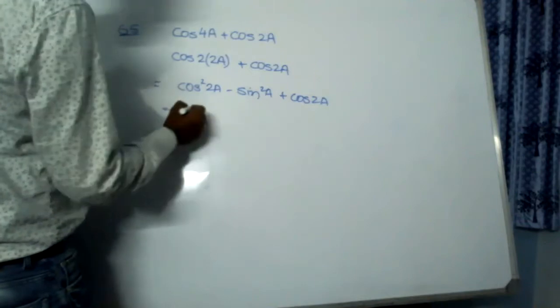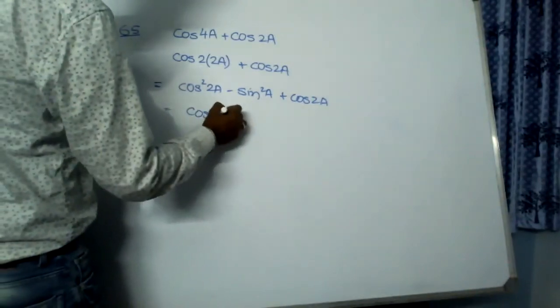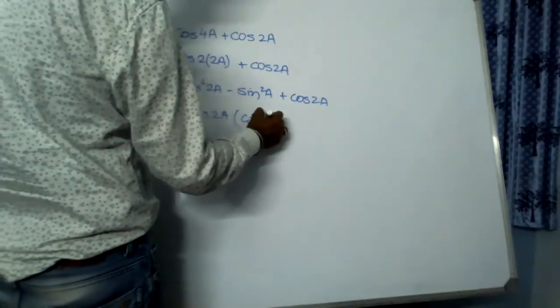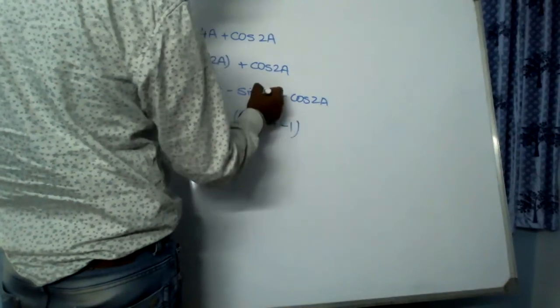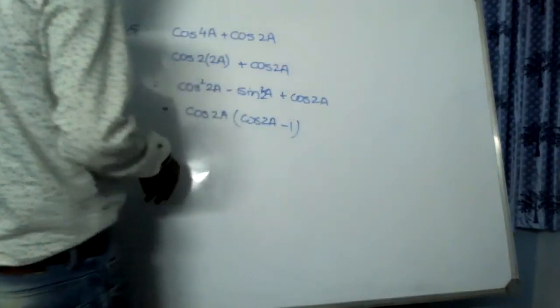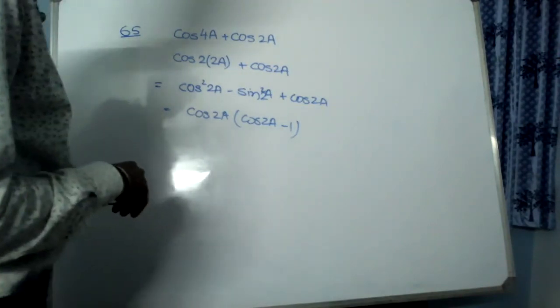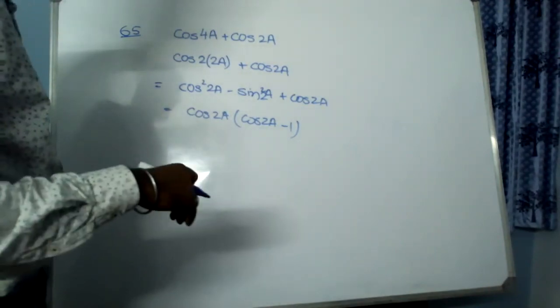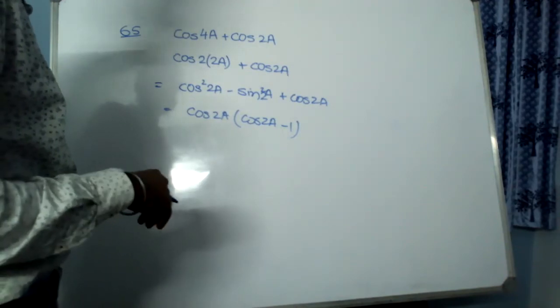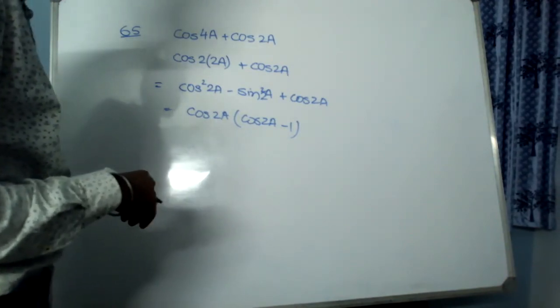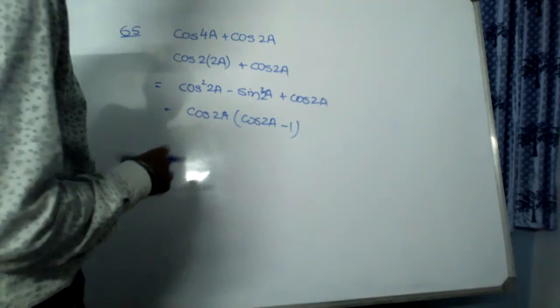Now in these two, I can take cos 2a as common and I'll get cos 2a minus 1. Sin square 2a it will be. Now sin square 2 theta is 4 sin square theta into cos square theta. And cos 2a, if you break it, it will be cos square theta minus sin square theta. Okay, fine, let's see where it ends up.